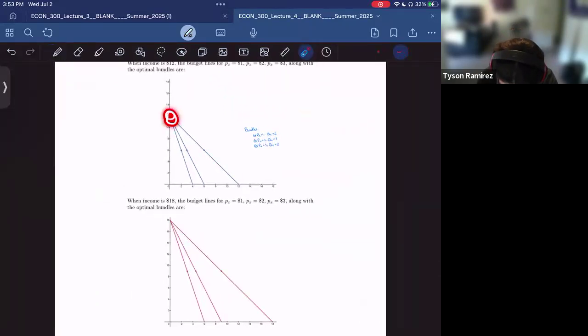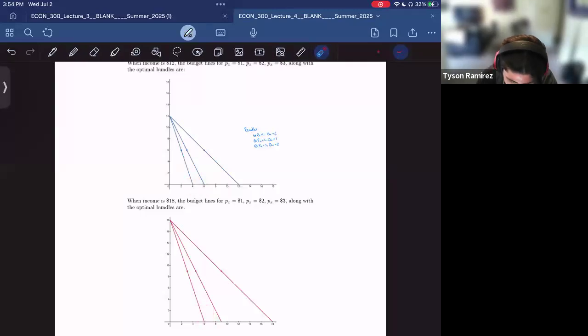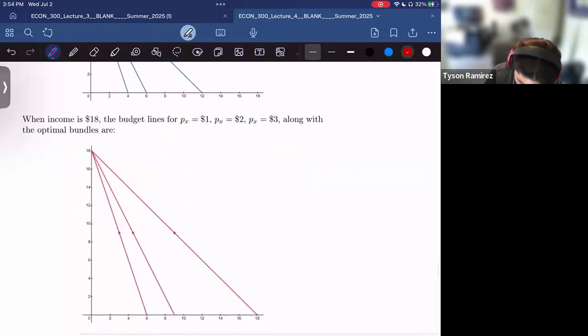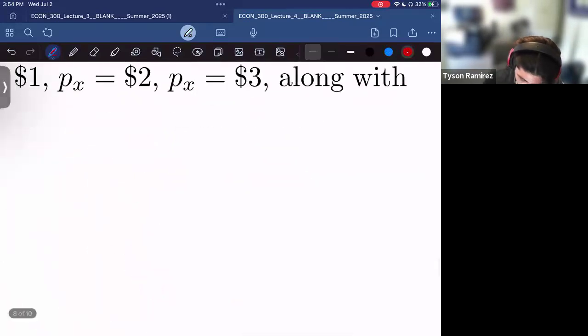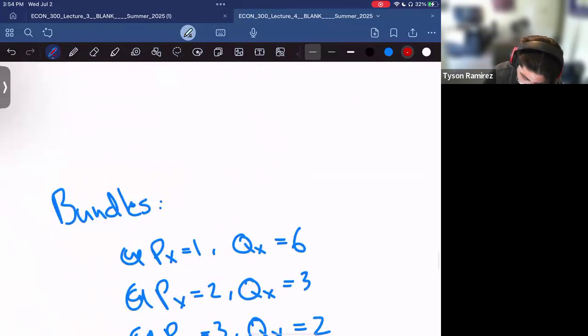We notice that the intercept changes just as we expected it to. Not just the y-intercept, but also the x-intercepts. And if we were to work out the consumer's problem, the bundles that we would get, let me just make a note up here also.